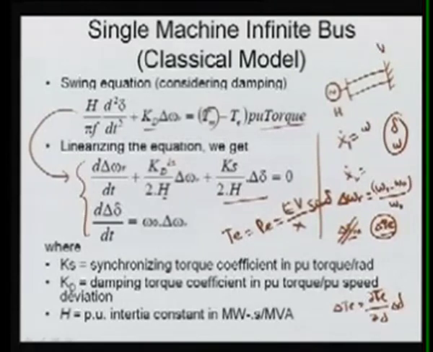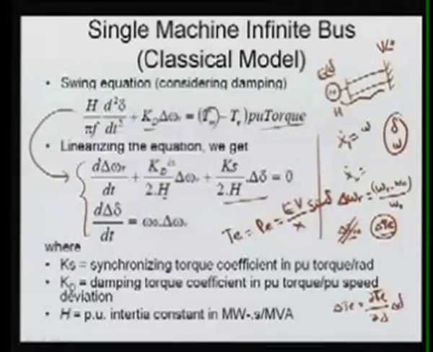So this is your V angle 0, and here it is your E angle delta. These are the two voltages, the internal voltage, and X is your total impedance of the system, including the transmission line, the generating transformer if it is there, and the internal impedance of the machine as well. So this X includes all of it.